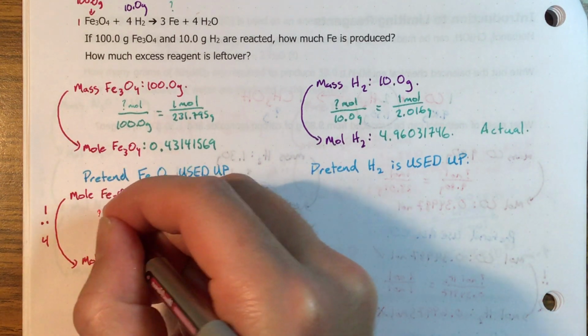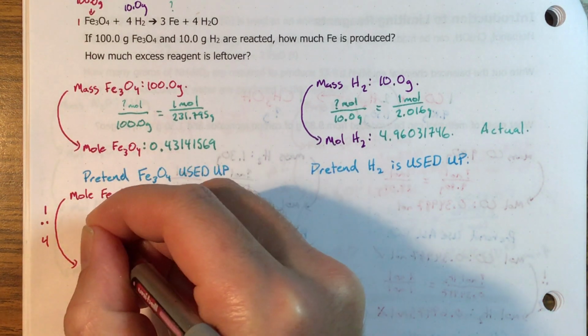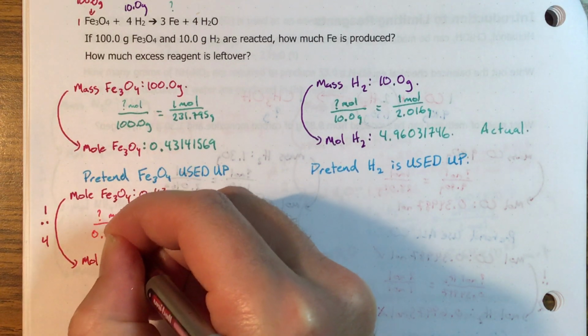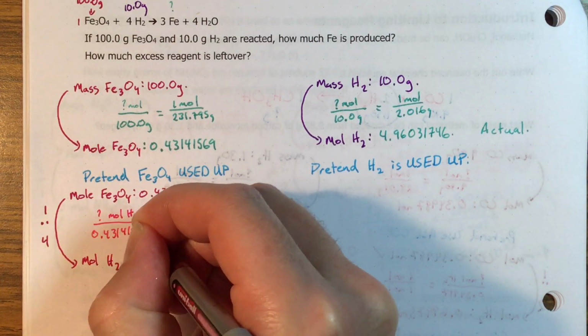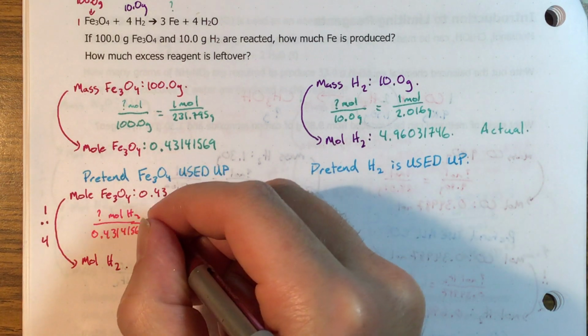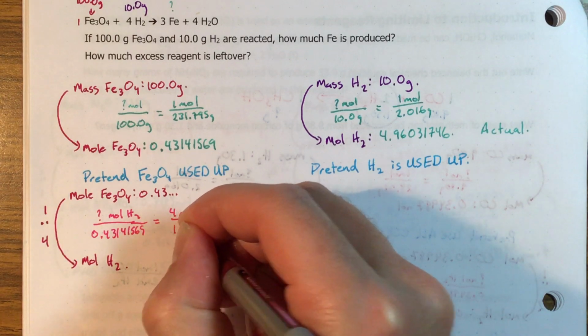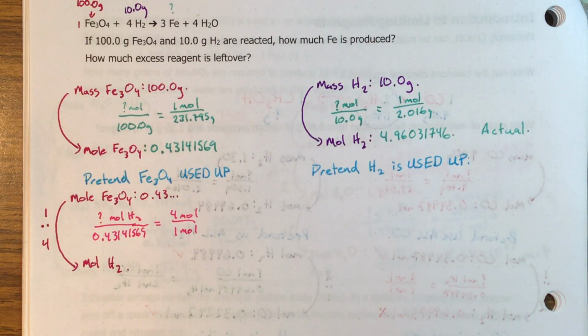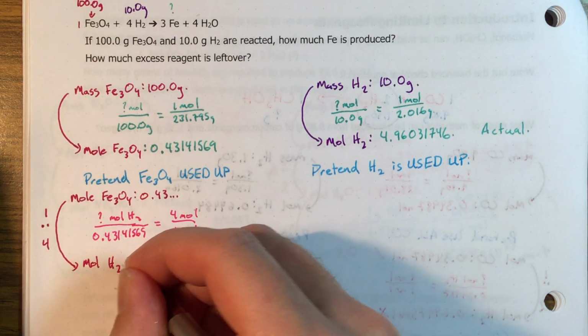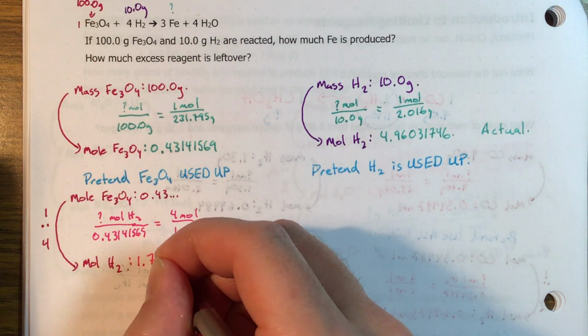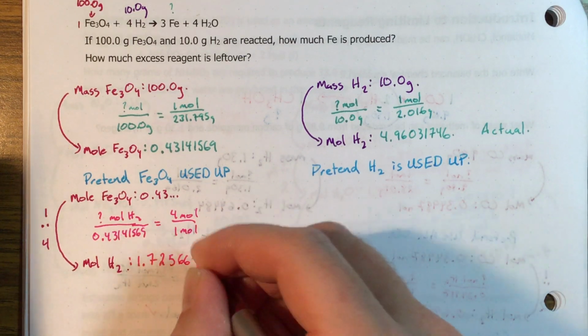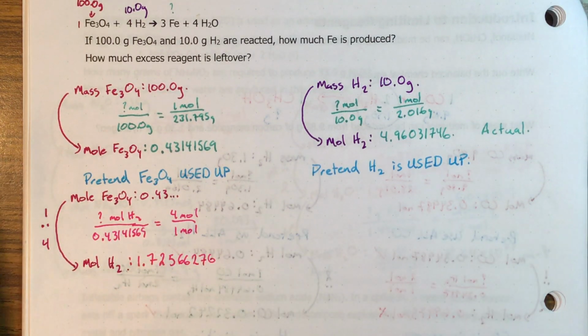So how many moles H2 are we going to get for 0.043141569 moles of that if there's 4 moles of H2 for every 1 mole of that? So we just take our 0.0431 and we times it by 4. And we get an answer of 0.172566276 moles.